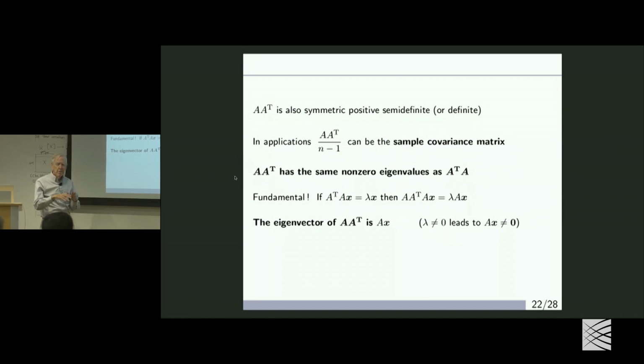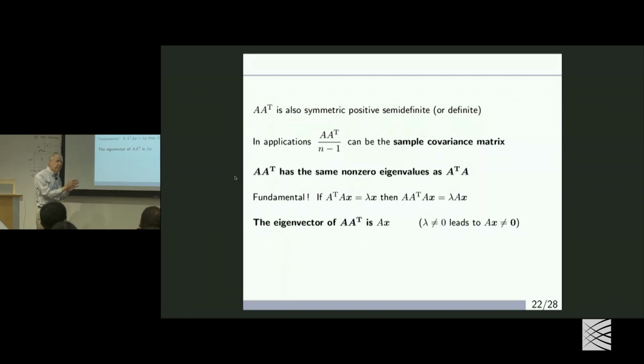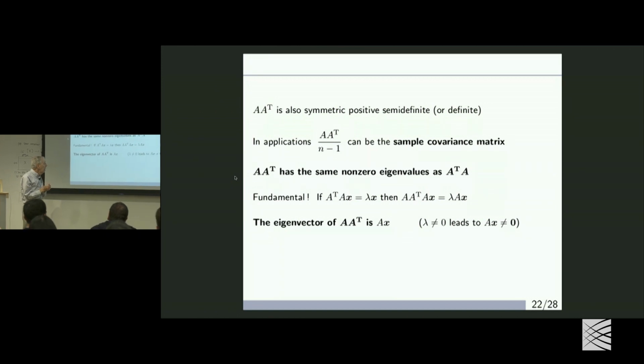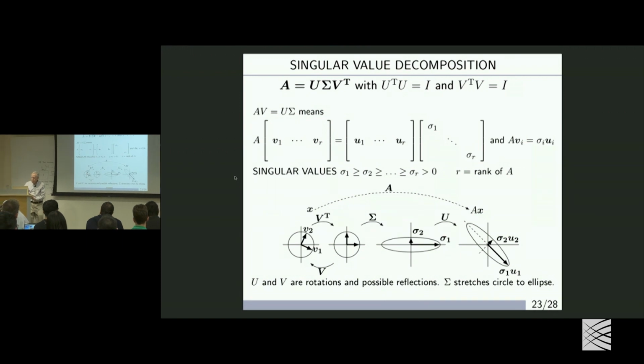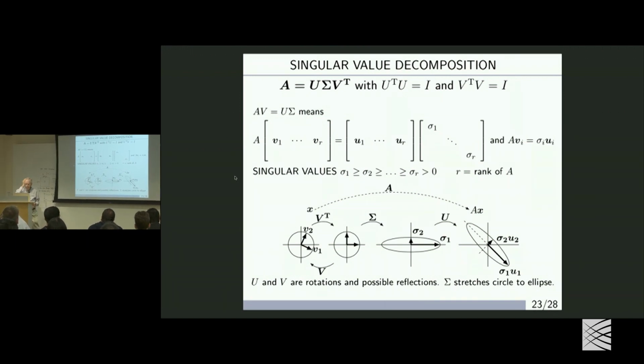So any matrix A has two sets of singular vectors. The eigenvectors of A transpose A, which are orthogonal, of course, because the matrix is symmetric, and the eigenvectors of A A transpose, also orthogonal, but different. And then from that comes the singular value. Oh, okay, so here's the climax. Let's look at the matrix line and then the geometry, and then we're done.